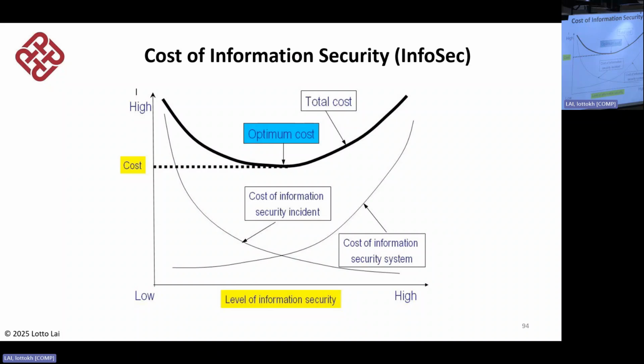But your cost for the security system is high. So we need to find the optimum here. Because we can do many things to increase security, but you need resources to implement. So we find the most effective and efficient one to achieve your acceptable risk, using your resources smartly and efficiently.